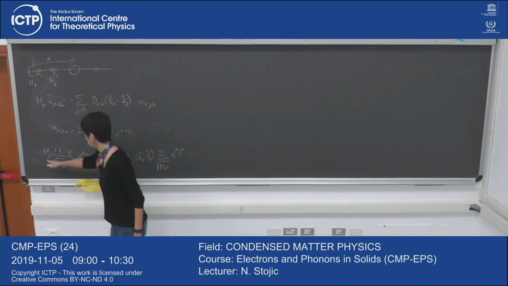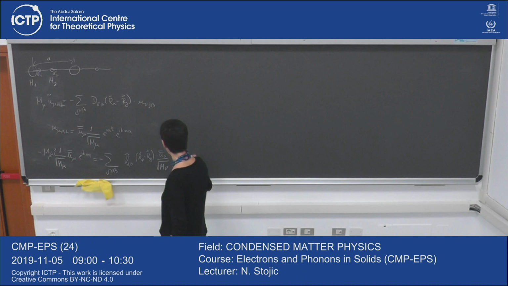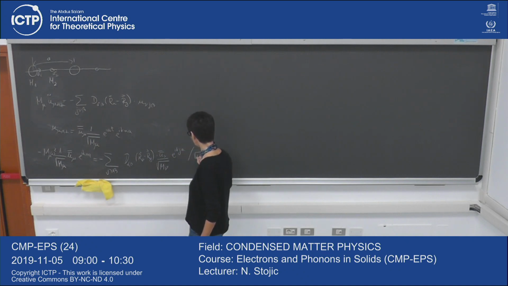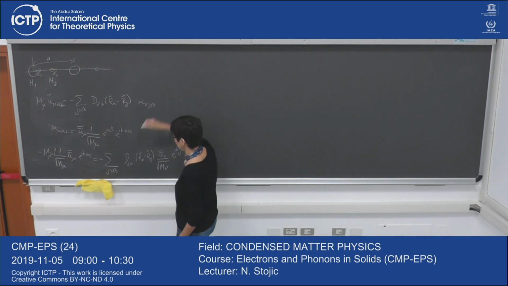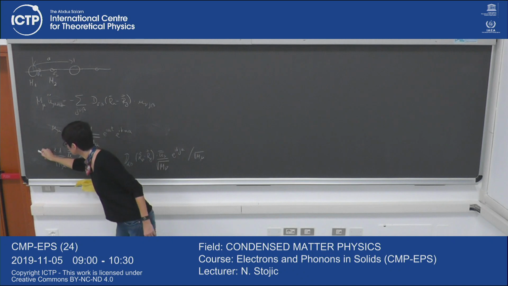So here we actually have a square root of m mu. We can divide by the square root of m mu. Change the signs.